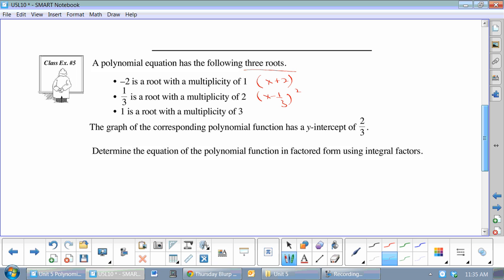But we can't leave it like that. So we would change that to 3x minus 1, and it would be squared, right? Because of multiplicity 2. Now, this is something that I would put on my study sheet, right? You don't understand how much learning it takes to be able to do that.